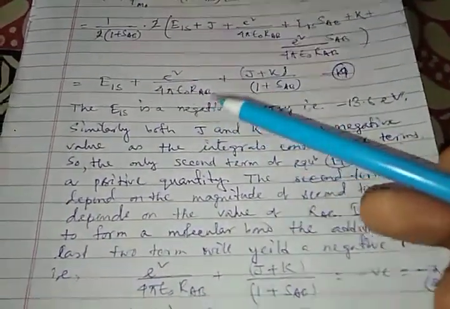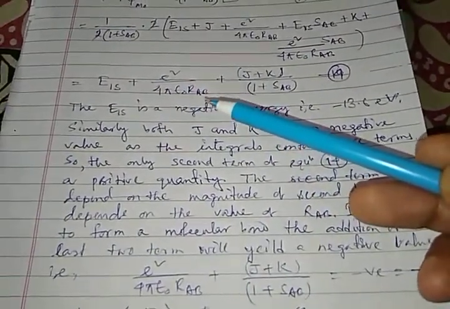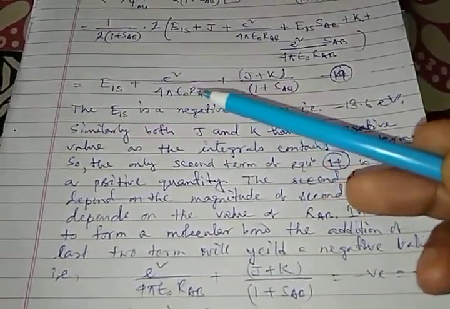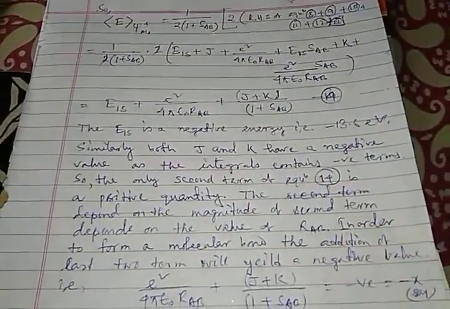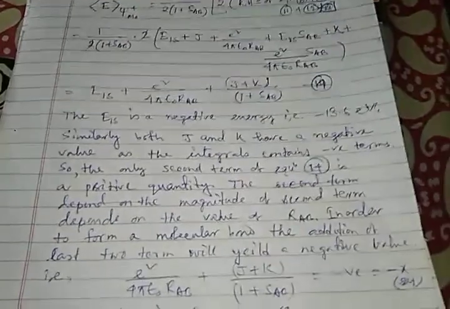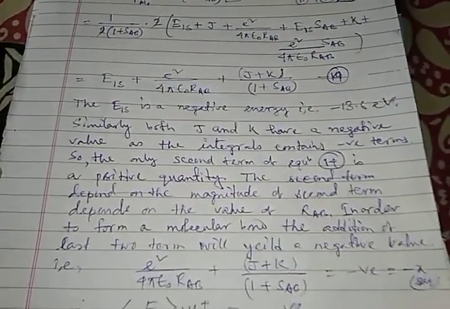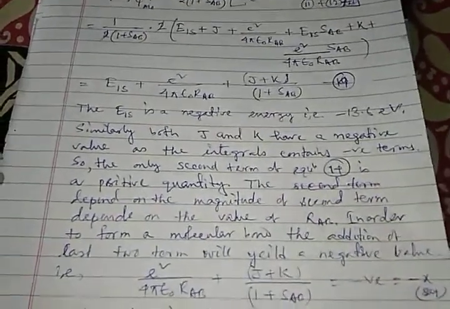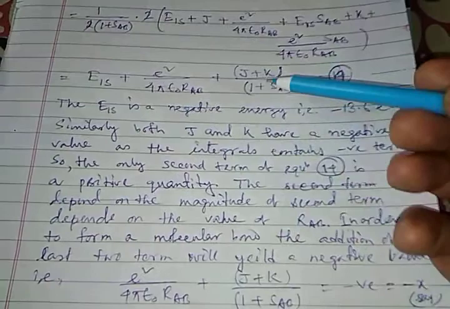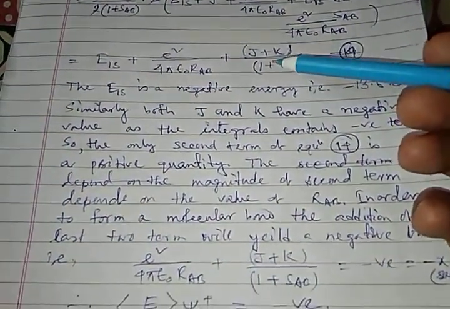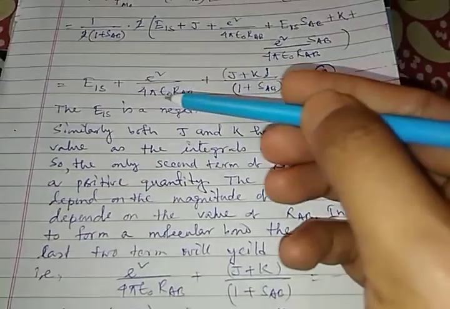Now we are calculating the energy, the second term, using RAB. RAB means the internuclear distance. For a set of RAB, we have different values. Now when we are approaching to form a bond between two hydrogen atoms, the addition of these two things will be negative.